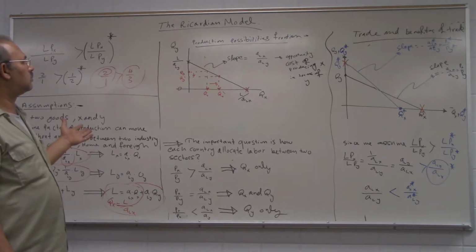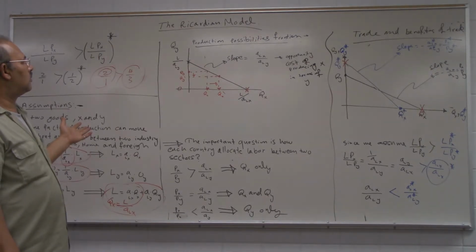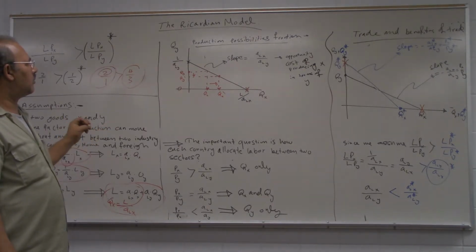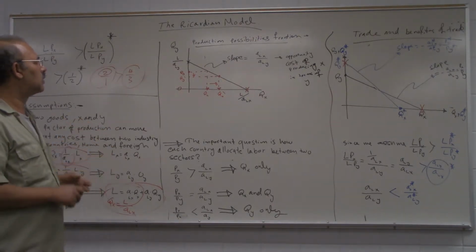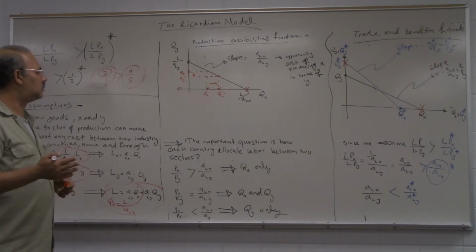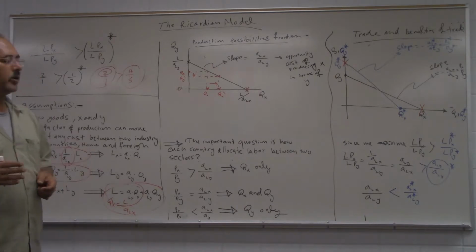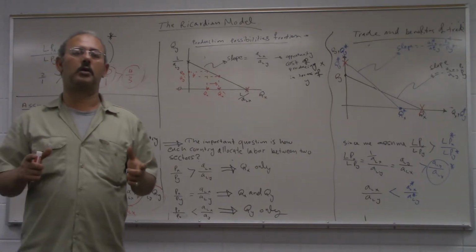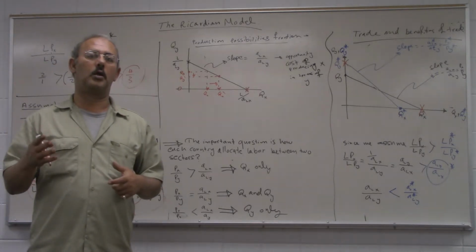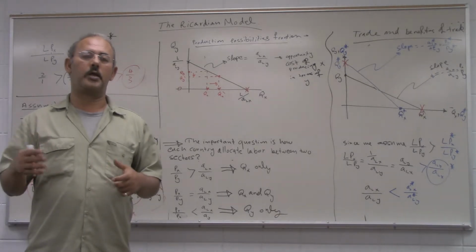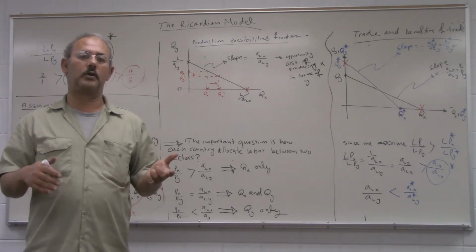Okay. Now we understand this. The most important question now: how does each country allocate labor between producing good X and good Y? That's important.